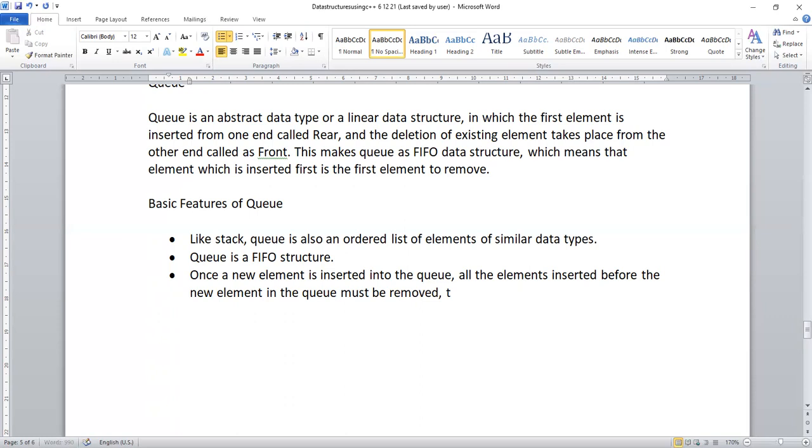Okay, so to remove the new element, this one.